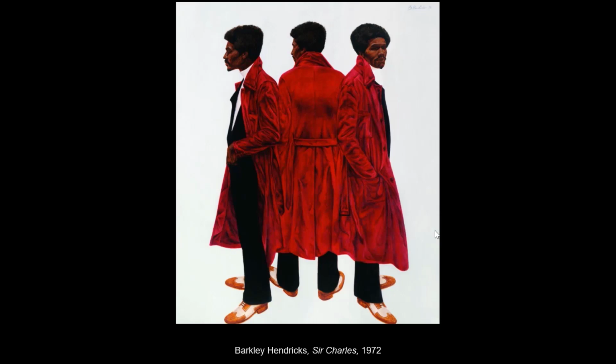In the case of this painting by Barkley Hendricks, what we're seeing then is an almost anthropological study of this guy, Sir Charles, and his amazing outfit, including the coat, but also all the way down to the two-tone wingtip shoes. What we get is a sense of our separateness from him.